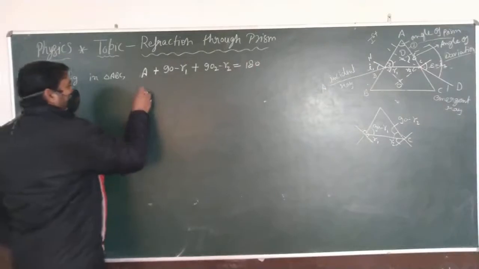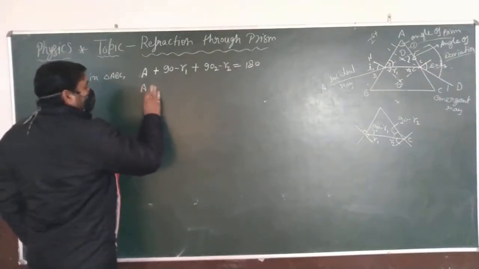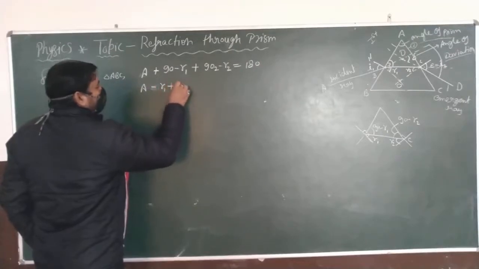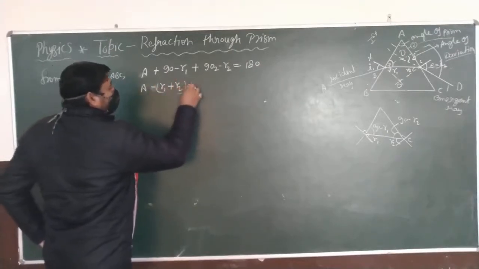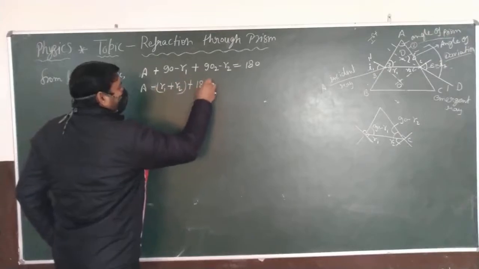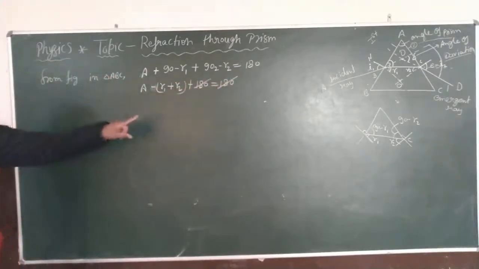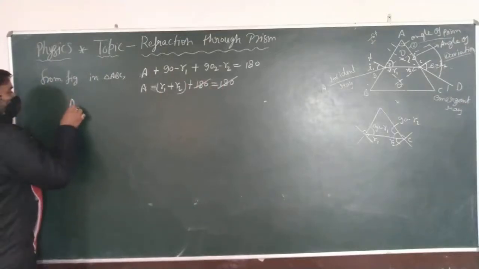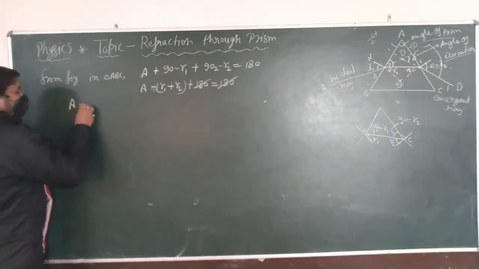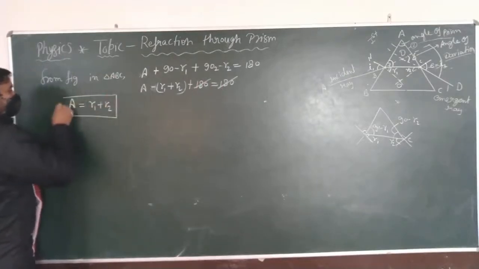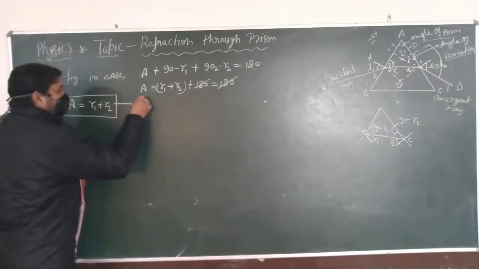Now from here, A minus R1 minus R2 plus 180 is equal to 180. Now this is cancelled. From here you will get a relation for the angle of prism: A is equal to R1 plus R2. It is the first relation for the deviation.